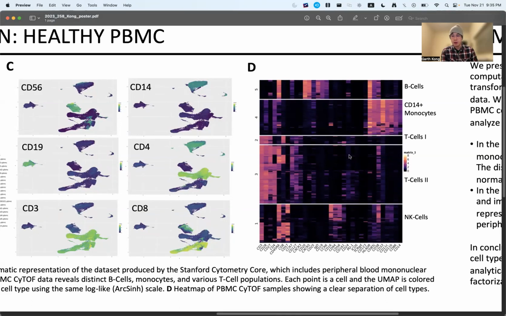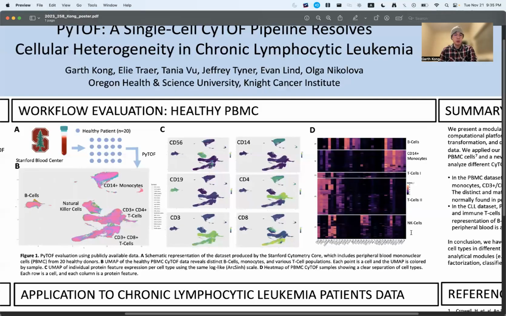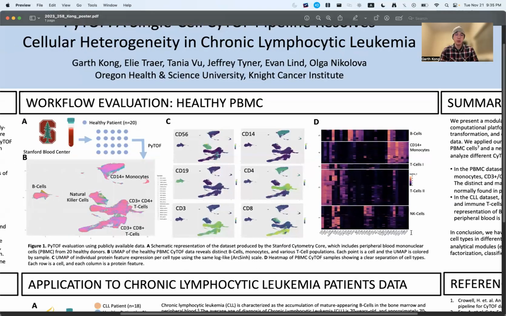And then these are the CD14 positive monocytes. These are the 2 large T cell populations. And then this is the natural killer cell cluster. With this dataset, what we found is a typical profile of a healthy donor.